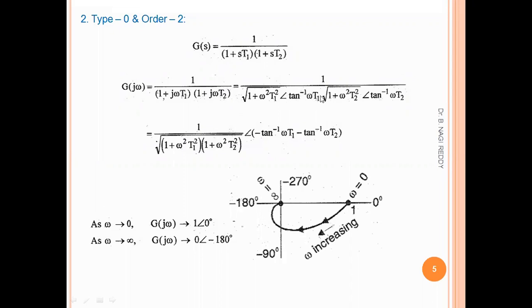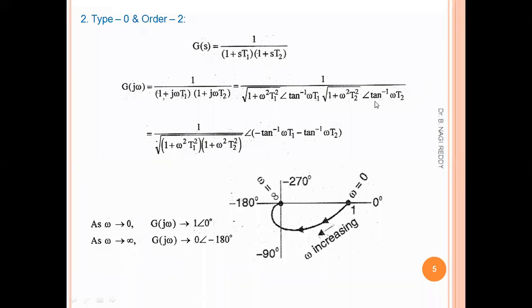Now you can see this angle and this angle both are added in the denominator, because both are at the multiplying stage. When the angles at the multiplying stage get added, tan inverse of omega T1 plus tan inverse of omega T2 will be the total angle. Of course, this angle is in the denominator, so we can bring it onto the numerator.